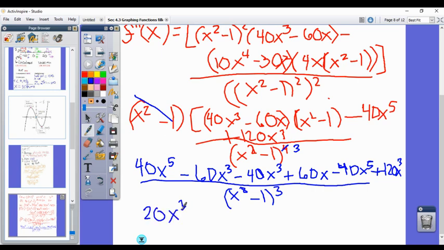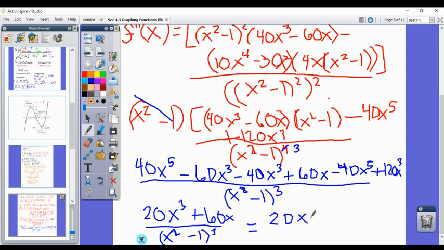20x cubed plus 60x, all divided by (x squared minus 1) cubed. For some reason, 2 is very difficult for me to write with this pen. I wonder why that is. All right, and then I am going to factor this as well to make my life just a little bit easier for when I'm finding my inflection points.